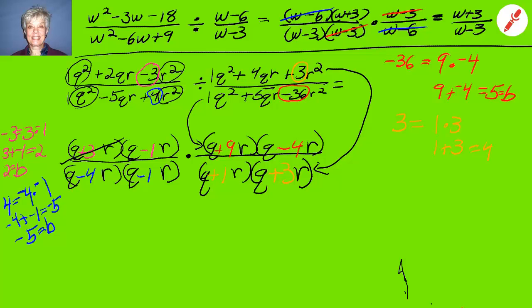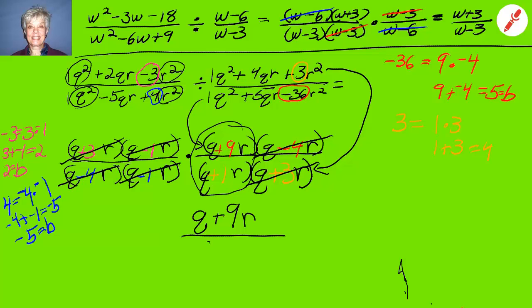Now all I have to do is cancel my like factors. And so my final answer is going to be q plus 9r over q plus r. There we go.